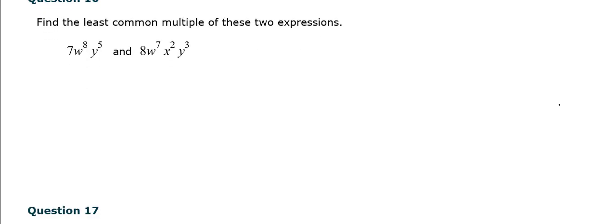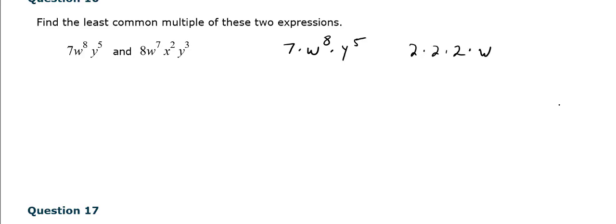Here we have 7w to the 8th, y to the 5th, and 8w to the 7th, x squared, y to the 3rd. So when we look at the first, we have 7 times w to the 8th times y to the 5th. And 8 we can rewrite as 2 times 2 times 2.